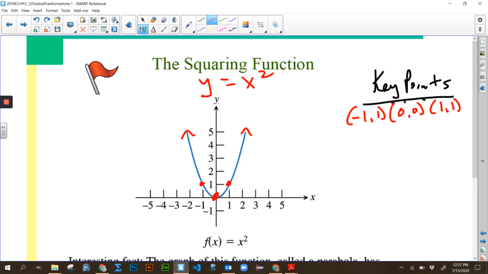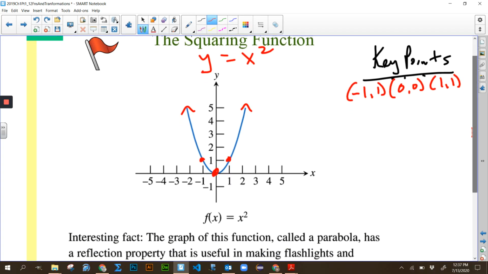Okay, I'm going to have you pause the video and try to fill in the domain, the range, continuous or not, increasing and decreasing intervals, symmetry, is it bounded, are there extrema, that means minimum or max, are there asymptotes, and end behavior.